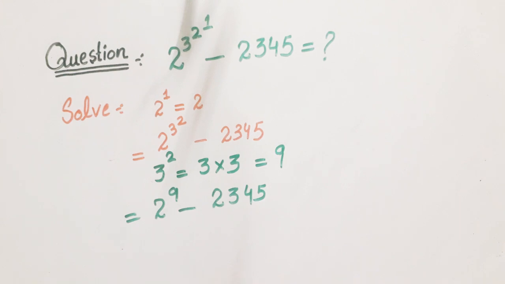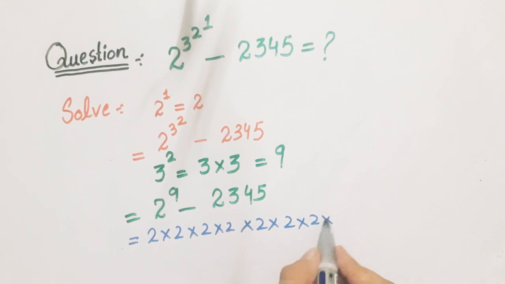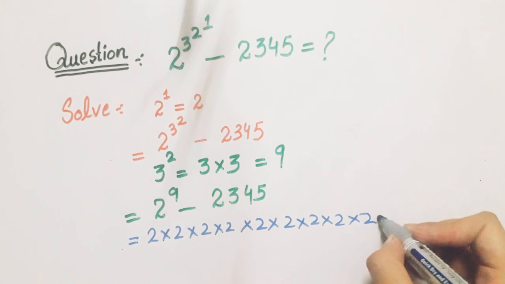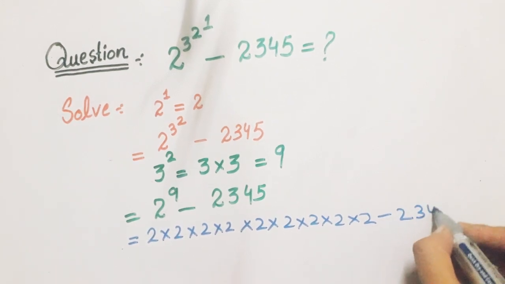Now 2 raised to power 9 means we will write 2 nine times: 2 multiply 2 multiply 2 multiply 2 multiply 2, nine times, minus 2345.